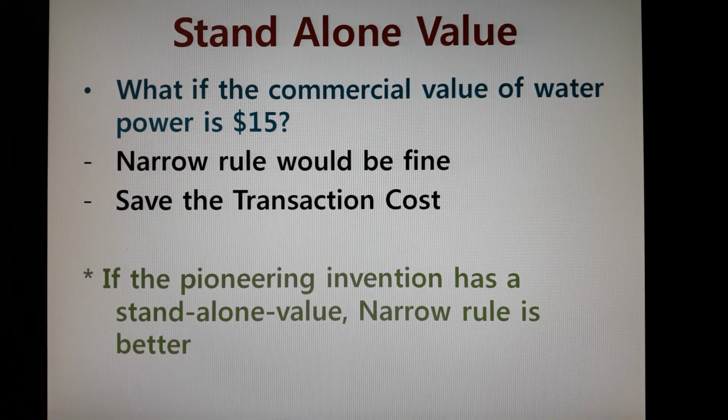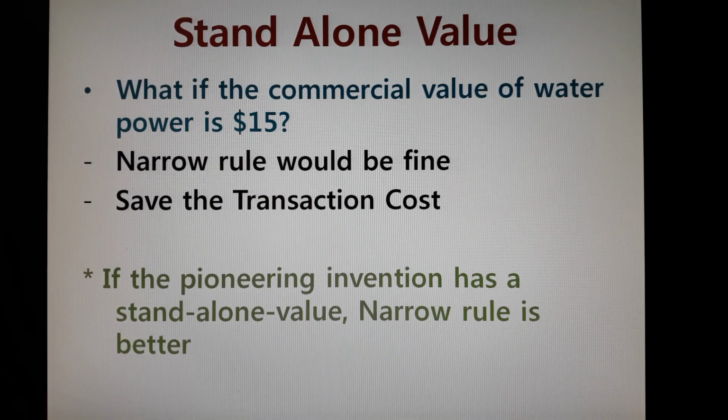Even though in my example, defining the patent broadly lets the pioneering inventor get all the profit, that cannot be generalized all the time. Why? Think about this. In the previous example, I assumed that the water power theory has zero value while the water car has $50 value.